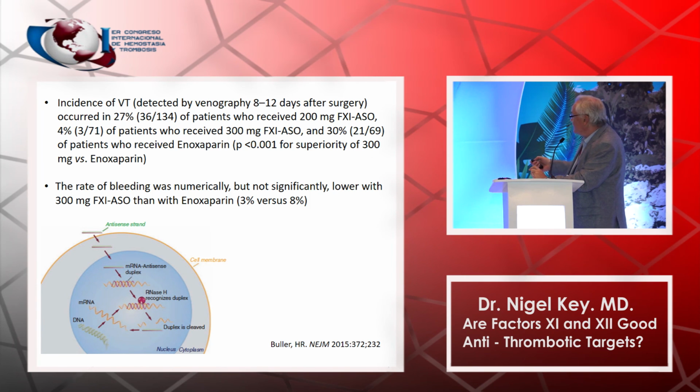the venous thrombosis occurred in 27% at the lower dose of the antisense oligonucleotide, and in 4% of the higher dose antisense oligonucleotide, compared to 30%. Remember, venography here, of patients who received standard therapy, standard of care, which was prophylactic doses of enoxaparin.